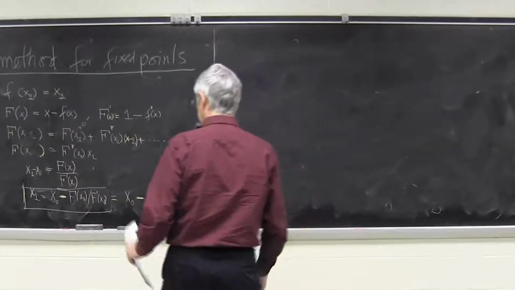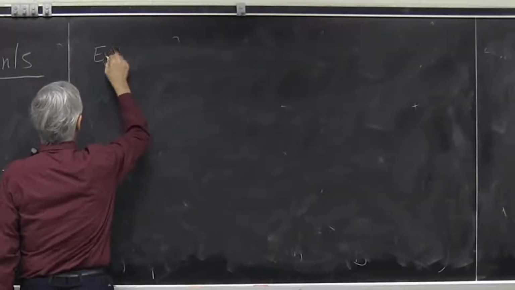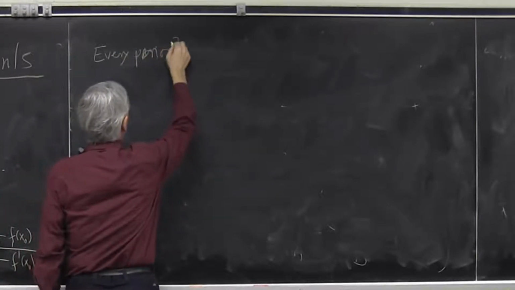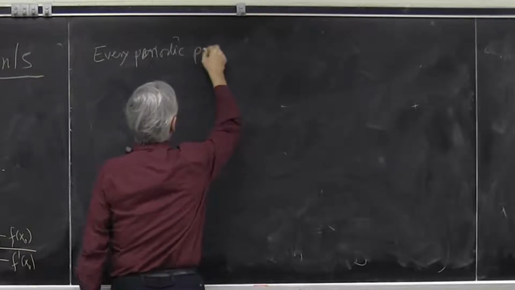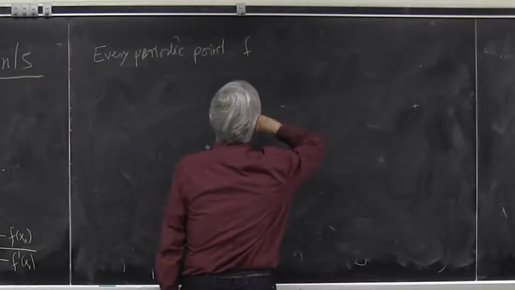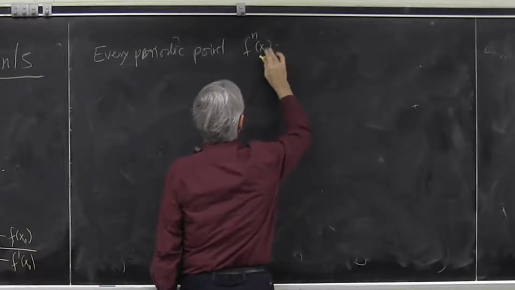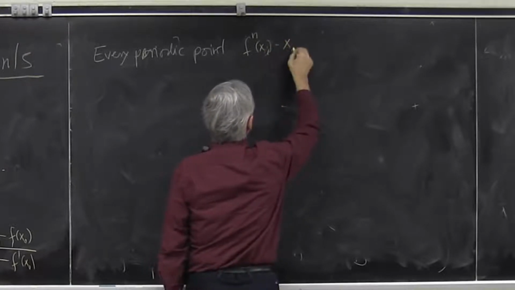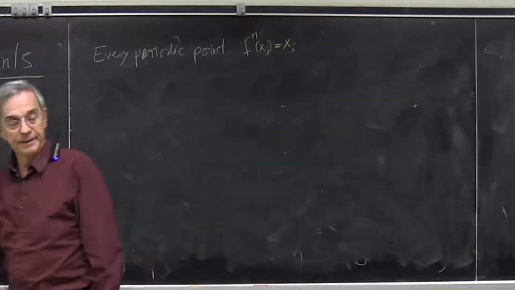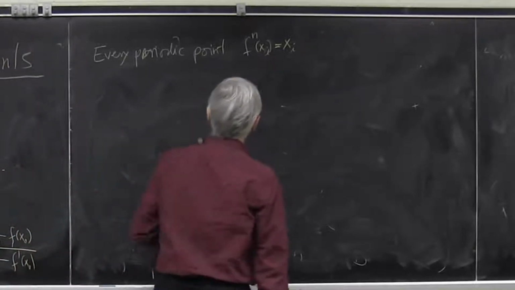And the reason why this doesn't really work so well, this idea that every periodic point returns to itself after n iterations of the one-dimensional map in this case, that's true, but it's not terribly useful.